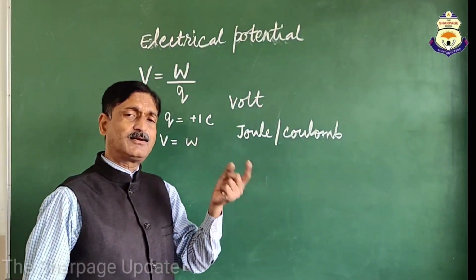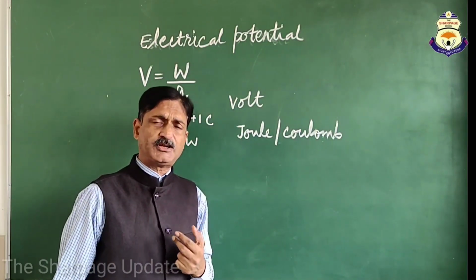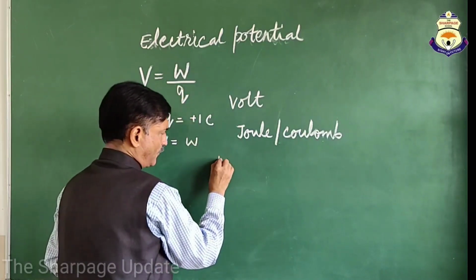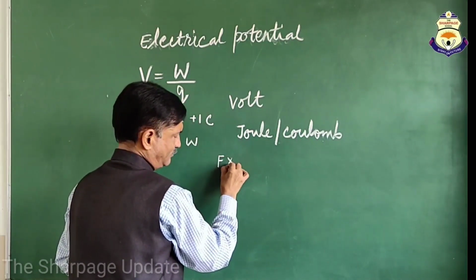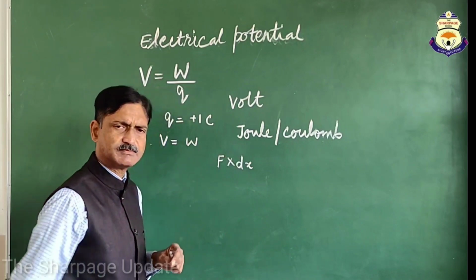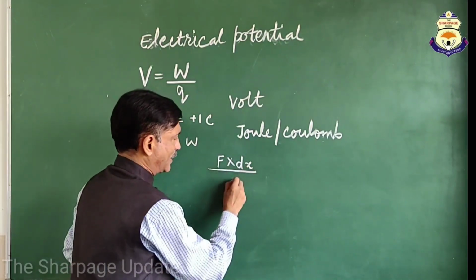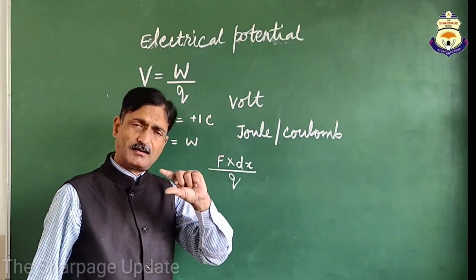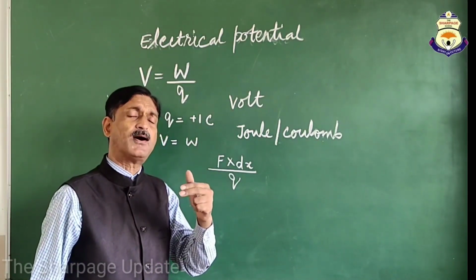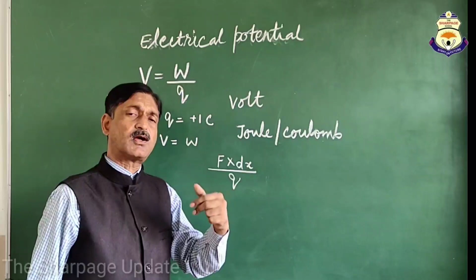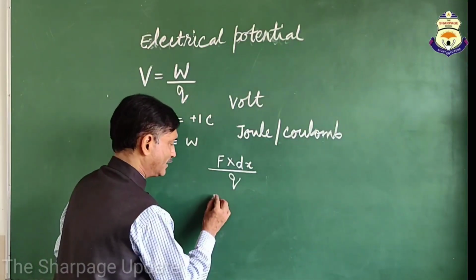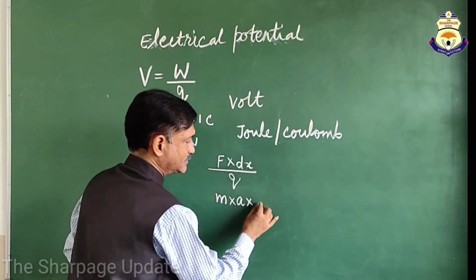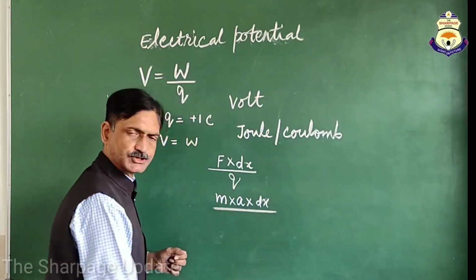And another unit of electrical potential in the SI system: suppose W equal to force into displacement, divided by charge Q. For the formula for force, with the help of Newton's second law of motion, we can write F equal to mass into acceleration, into distance, divided by charge.